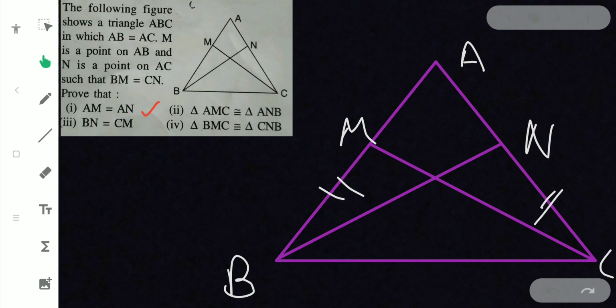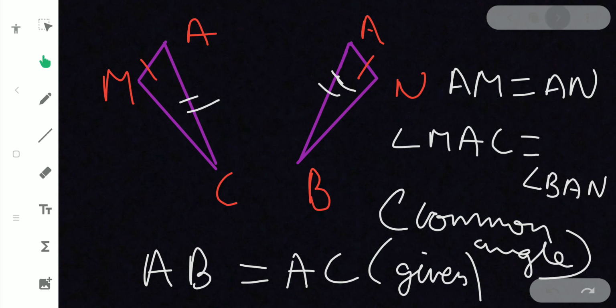Now we have another two parts left to prove. BN is equal to CM. So BN, this one, is equal to CM. Just now we have taken these triangles. Here BN is equal to CM.